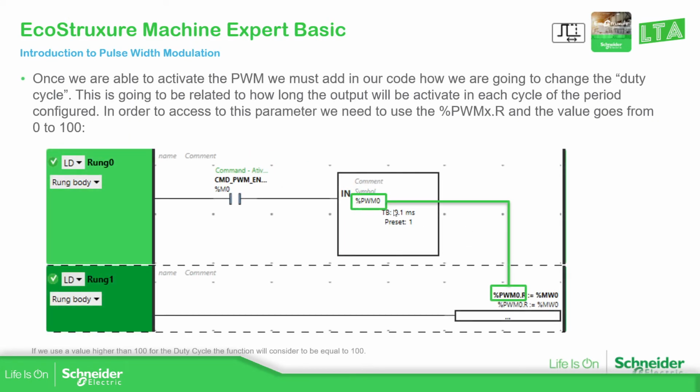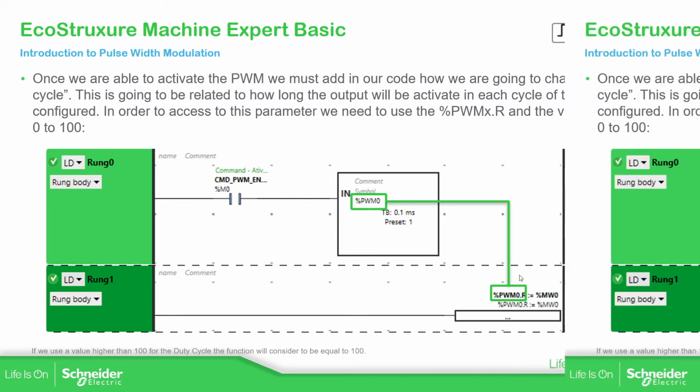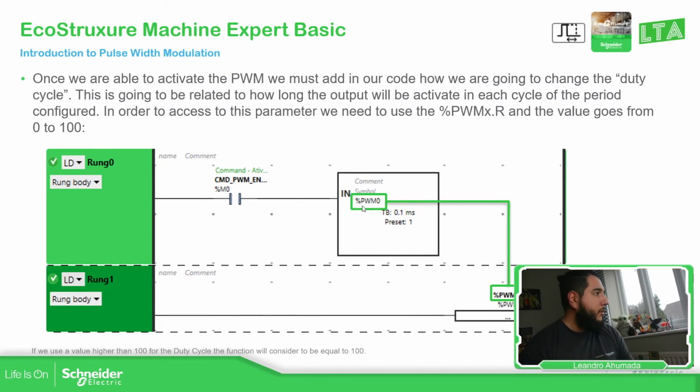Now, in order to change the preset value, which should be the time base... no, sorry, this is not the one. Sorry for that, I was thinking something ahead. So we have configured the time base and the preset.